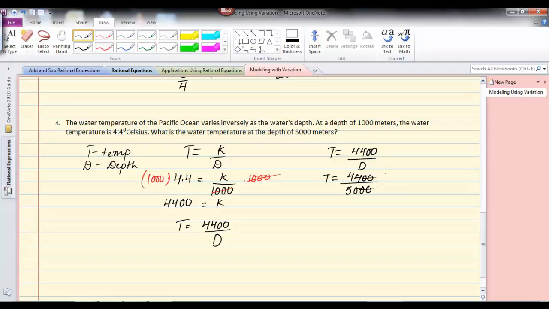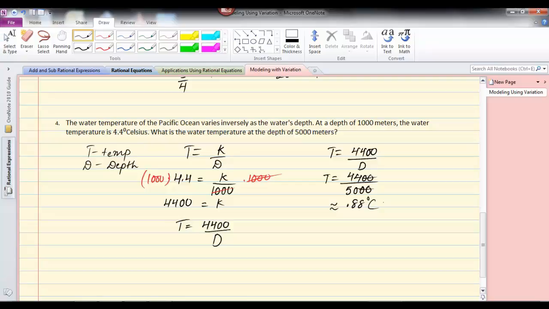The zeros cancel. 44 over 50. They simplify further down to approximately 0.88. So what would be the answer to the question, which is what is the temperature of the water at the depth of 5,000 meters? The temperature is 0.88 degrees Celsius at the depth of 5,000 meters.